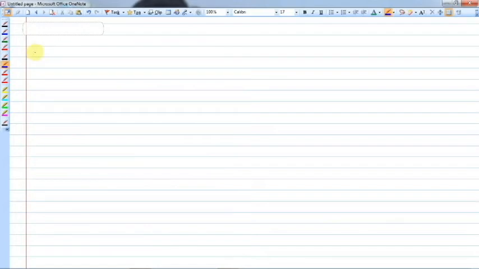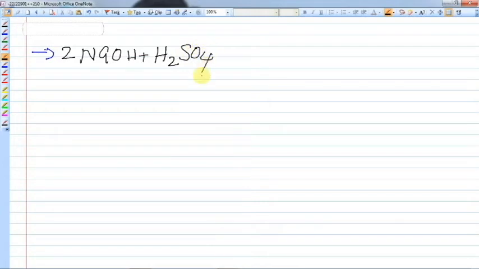The third step is 2NaOH plus sulfuric acid H2SO4 gives rise to Na2SO4 plus 2H2O.